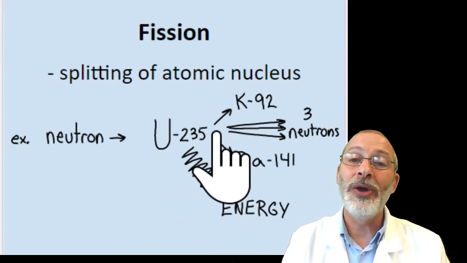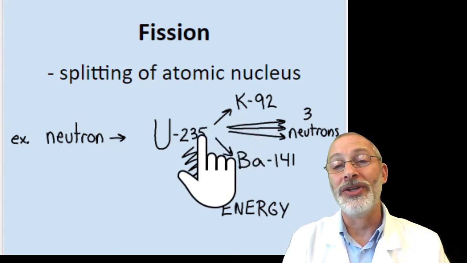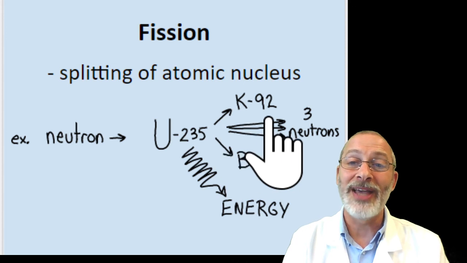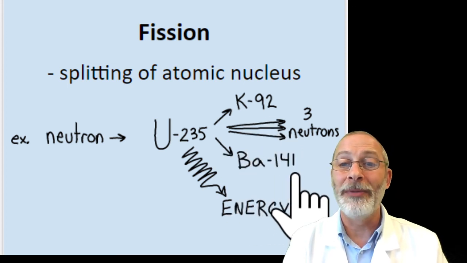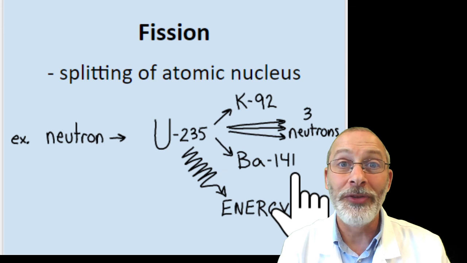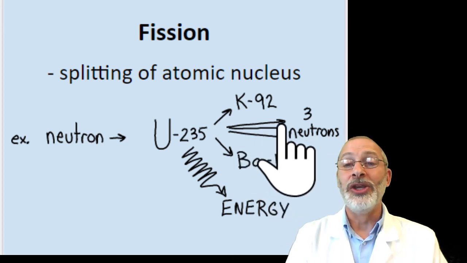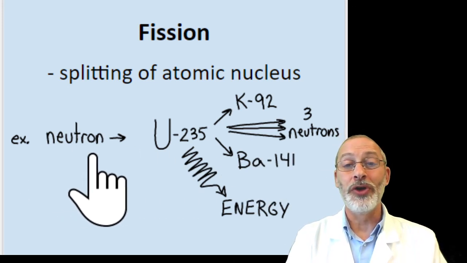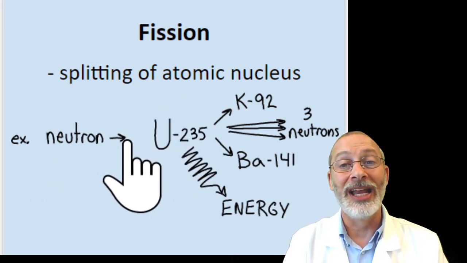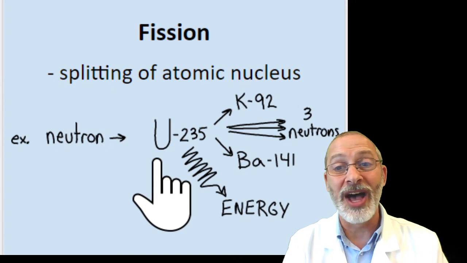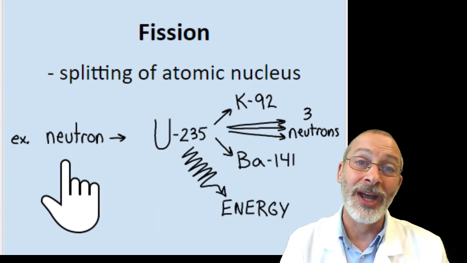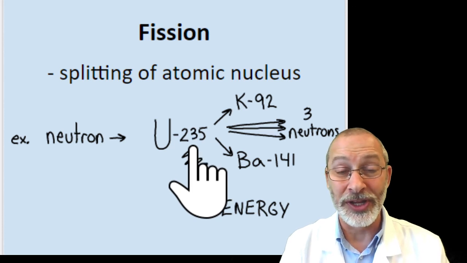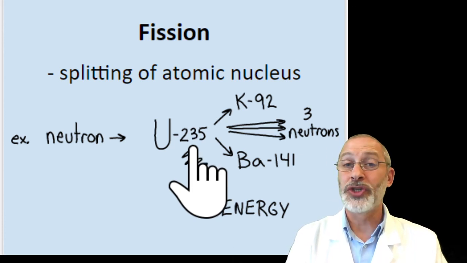And radioactive decay causes the uranium-235 to fall apart into potassium-92 and barium-191, both of which are radioactive, and you lose 3 new neutrons, which if you go back to the beginning and you've got a lot of uranium-235, those 3 neutrons will cause 3 more atoms of uranium-235 to decay, and so on and so on.